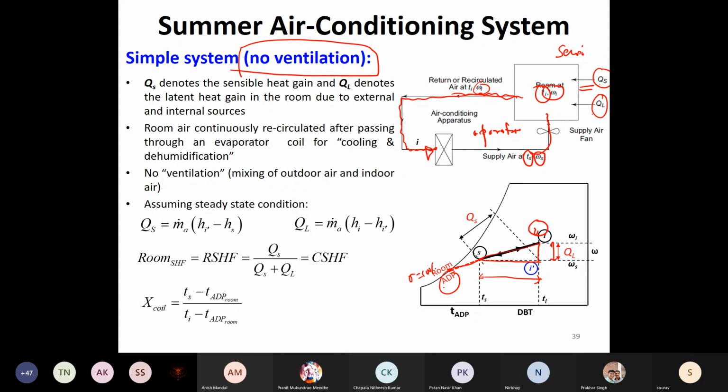So this gives you an idea of the coil temperature that needs to be maintained in your evaporator or your what you call as indoor unit.